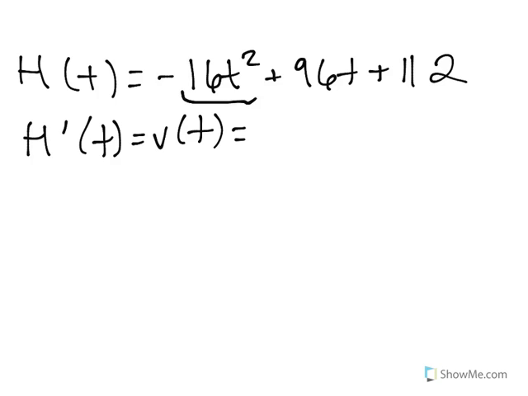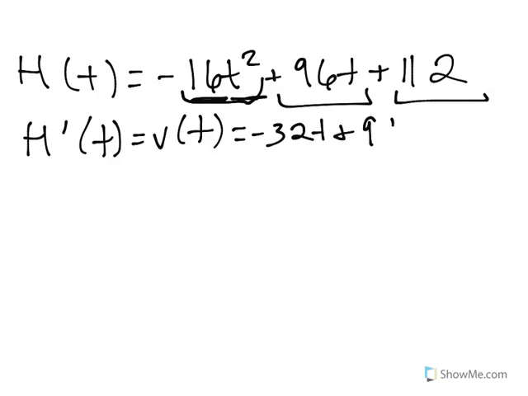Remember, we will work with the sum rule and also with the constant multiplier rule and the power rule. So our first term turns out to be negative 32t plus 96. So this is our velocity at any given time.